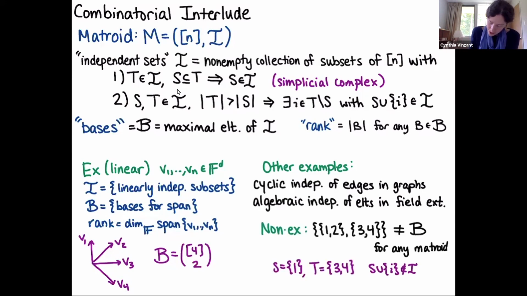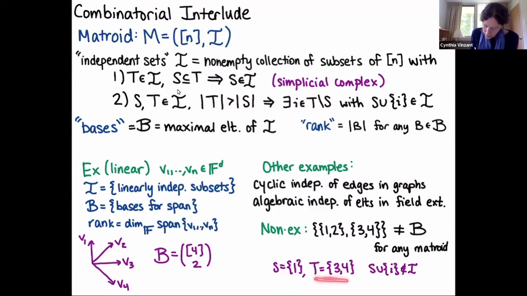And just to finish with a non-example, there are many non-matroids. For example, if I took the subsets {1, 2} and {3, 4}, these will not be the bases of any matroid, because if they were, then I would need a subset of this basis {1, 2}, call it S, would have to be independent.